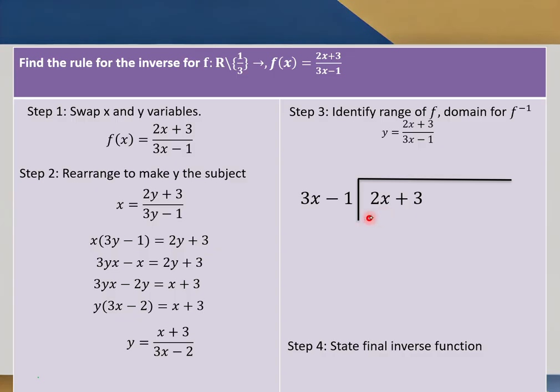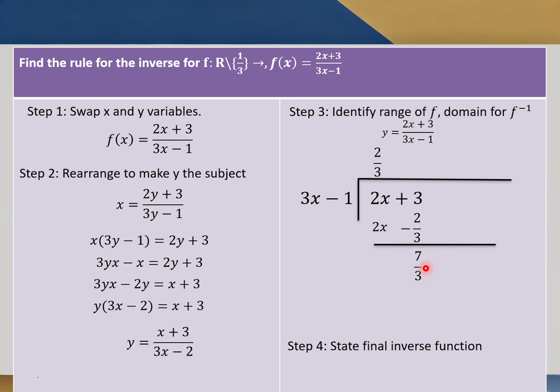So that means I've set this up as 2x plus 3 divided by 3x minus 1. If I start with the first part, 2x divided by 3x is 2/3. 2/3 times 3x is 2x. 2/3 times negative 1 is negative 2/3. If I take them away, 3 take away negative 2/3, I'm left with 7/3.